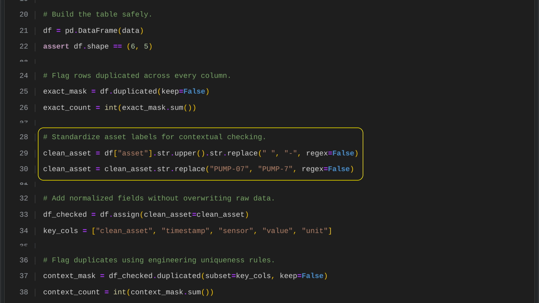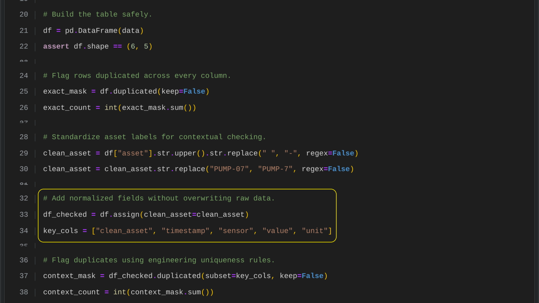This count helps assess data quality and supports cleaning the dataset. The code normalizes asset labels so duplicates are easier to detect. It makes labels uppercase, replaces spaces with dashes, and standardizes the pump label pump-07 as pump-7. These changes reduce naming differences that could otherwise hide duplicate assets.